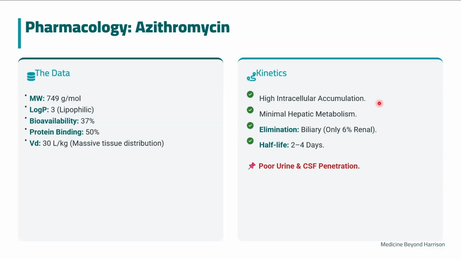It has highly intracellular accumulation, which makes it a preferable choice for killing intracellular organisms, with minimal hepatic metabolism. Elimination is mainly biliary, only 6% is renal. It is very minimally concentrated in the urine and does not reach the CSF, so it is not a good choice for urinary tract infections as well as CNS infections.